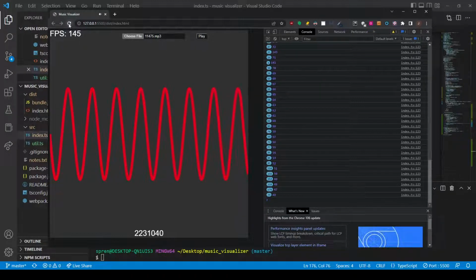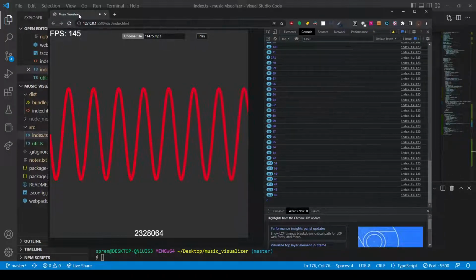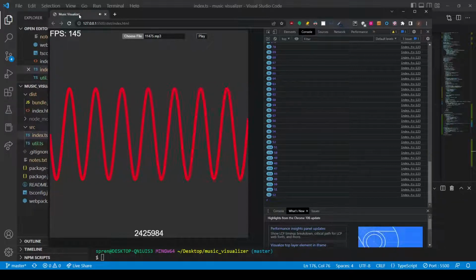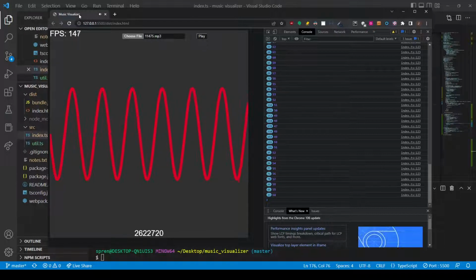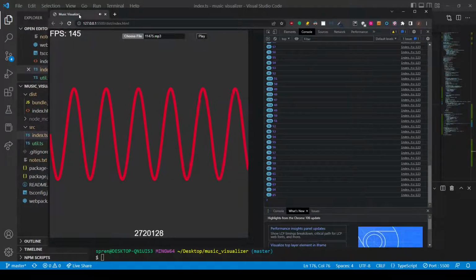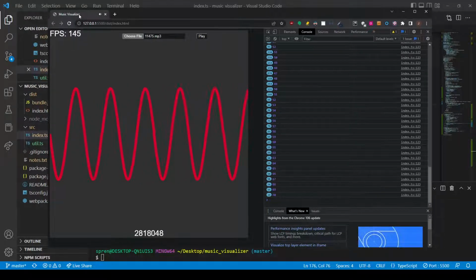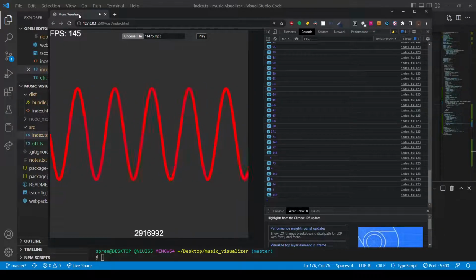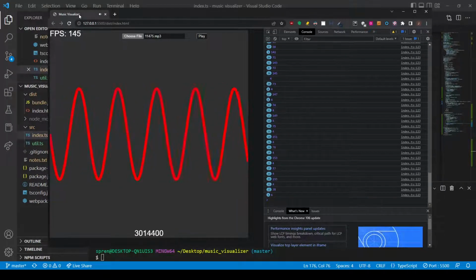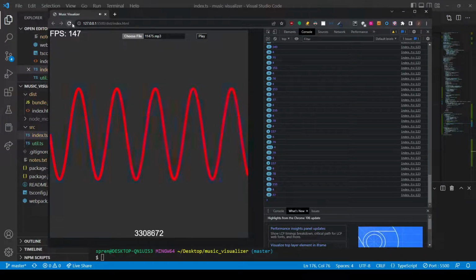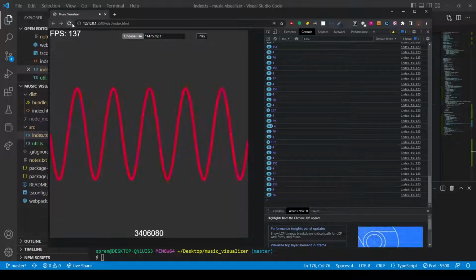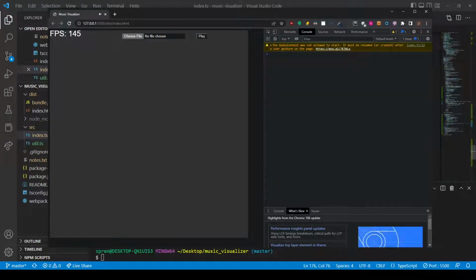Huh. Once it gets too wide, it starts confusing itself a little bit. Huh. That's pretty weird.